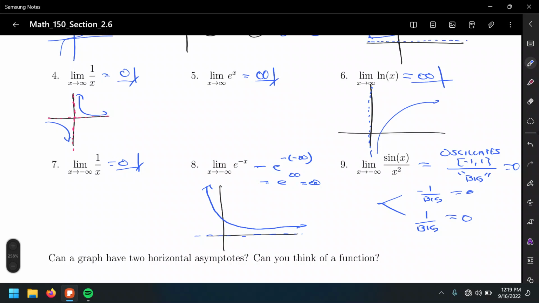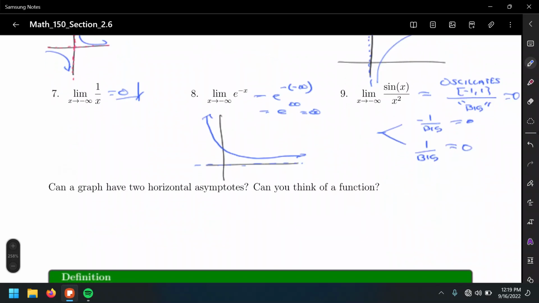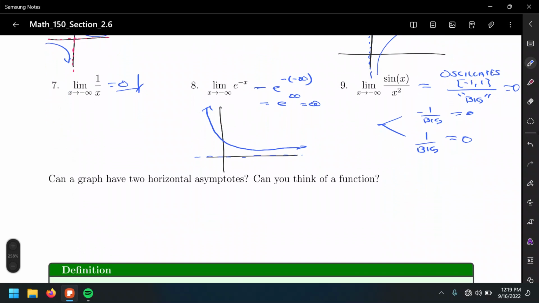Now, the question is, can a graph have two horizontal asymptotes? Yes, it's possible. Can any of you think of a function that has two horizontal asymptotes? Sine? Well, the sine function doesn't have horizontal asymptotes, but you're getting there.